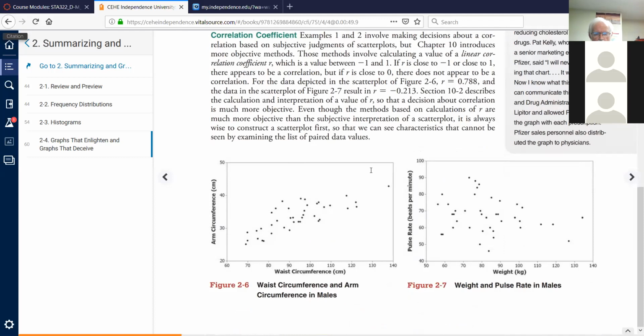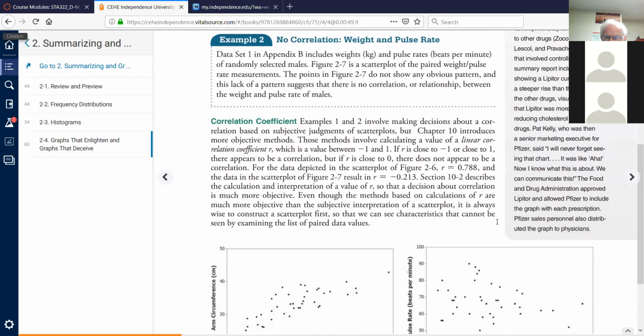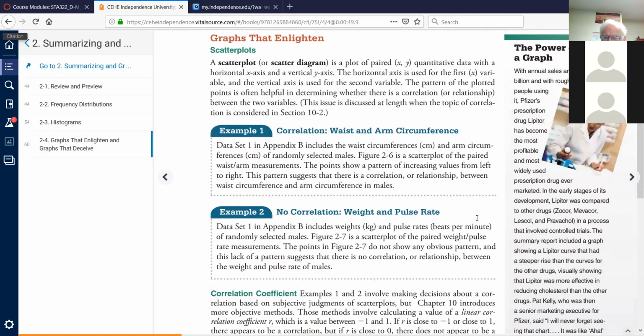This is not a real solid relationship, but you can see from this that it looks like there's a rough correlation. And there are lots of reasons. This doesn't get into the reason for that. It just says this is an observation. Whereas if we look at weight and pulse rate in males, this is a mess. There's no correlation here.